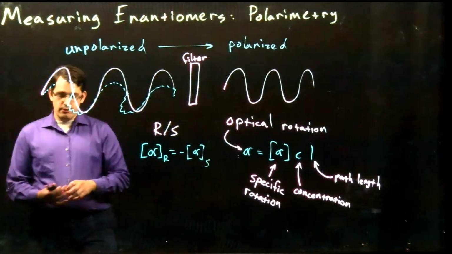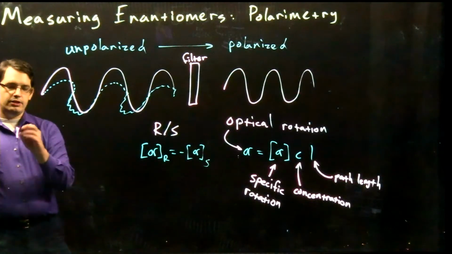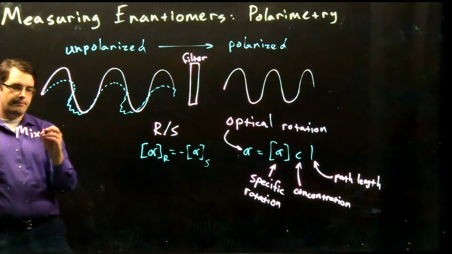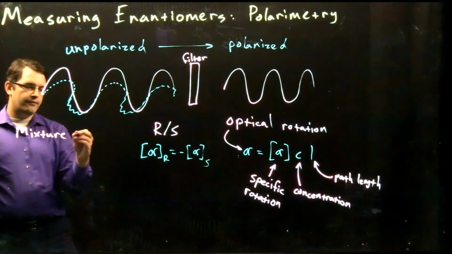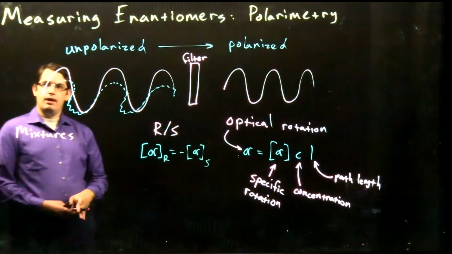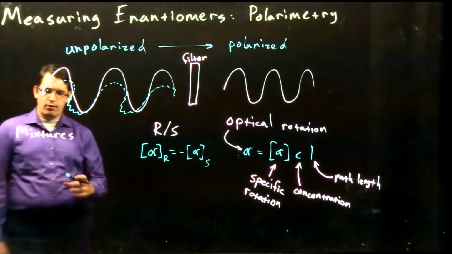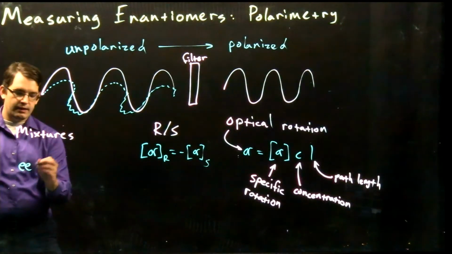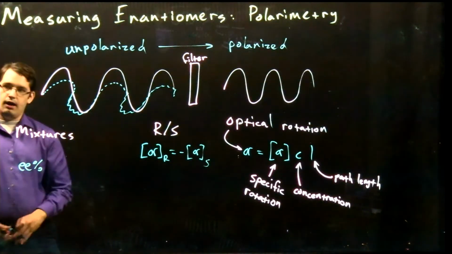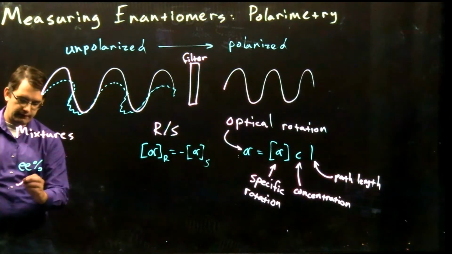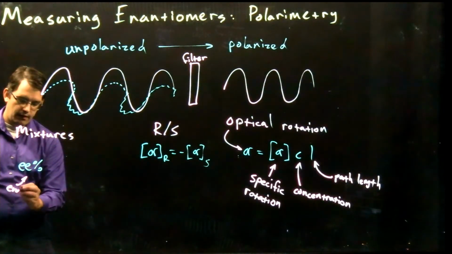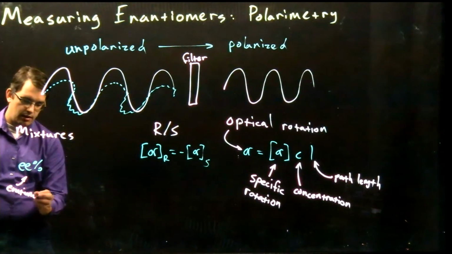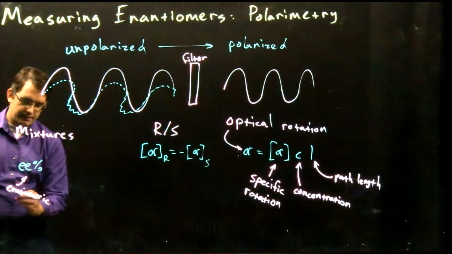Now, in many cases, though, we're not going to have just one enantiomer. We'll often have mixtures of enantiomers, and in this case, we need to know what the enantiomeric excess of a specific enantiomer is. So we use a separate equation to calculate the enantiomeric excess.